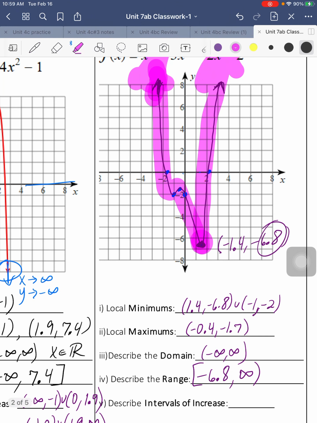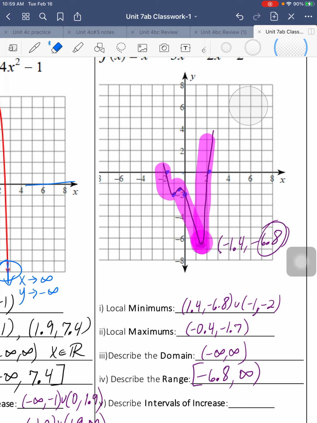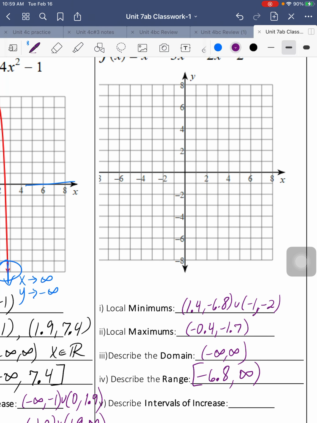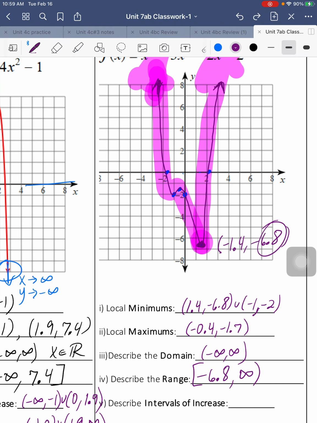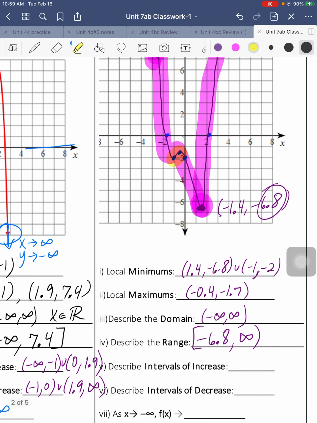Increasing, decreasing. Oh my goodness. Oh no, I guess I can erase all that. All right, so increasing, there's a tiny little portion that increases right there. That's going to increase from -1 to -0.4. Where else is it going to increase?